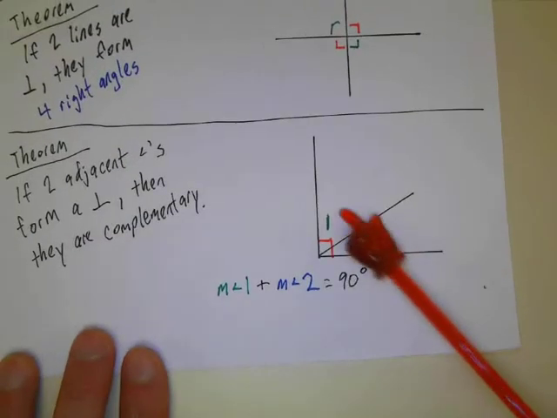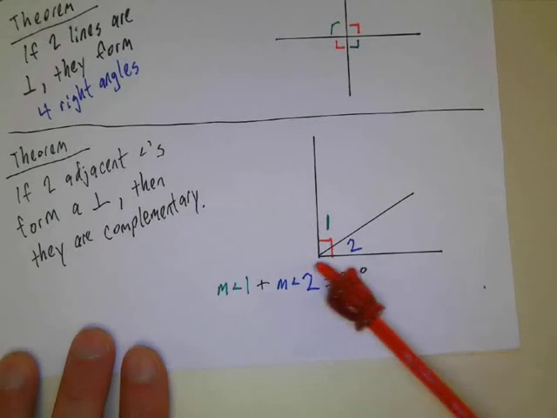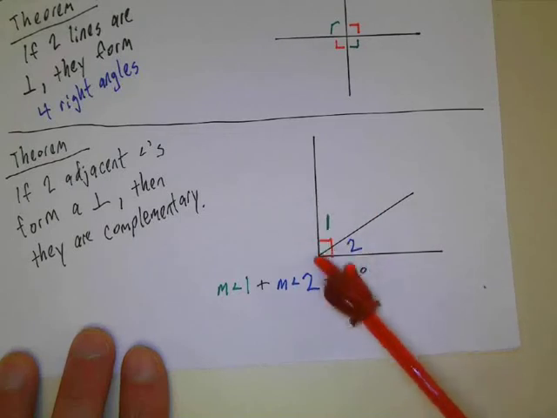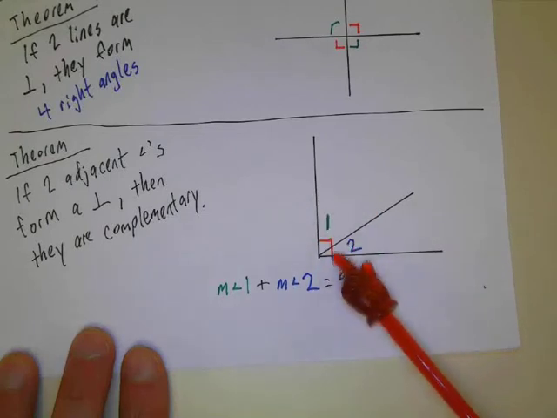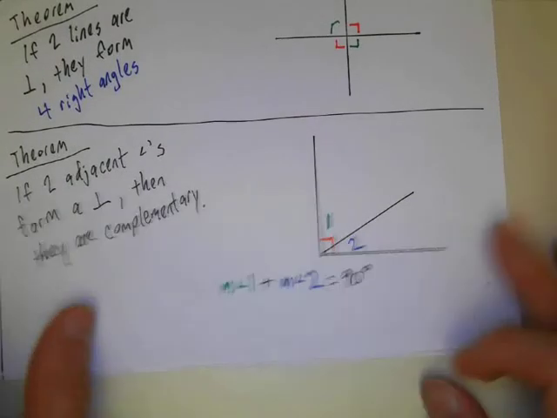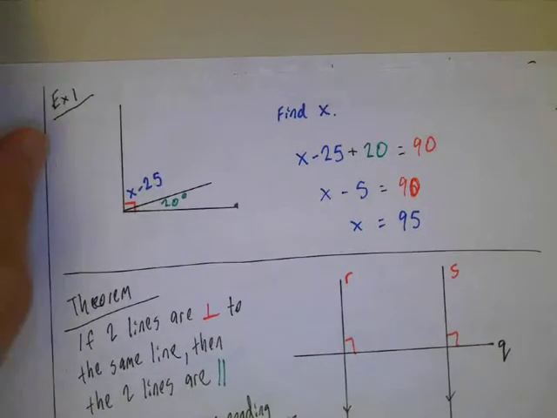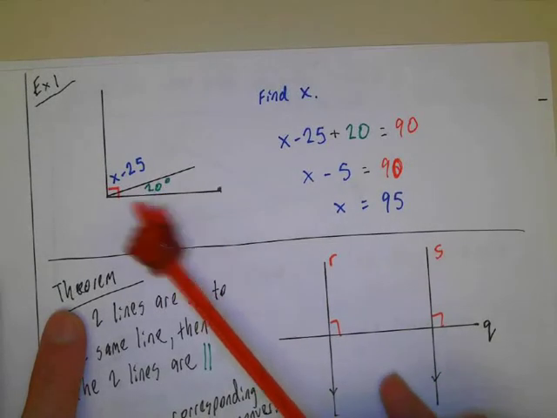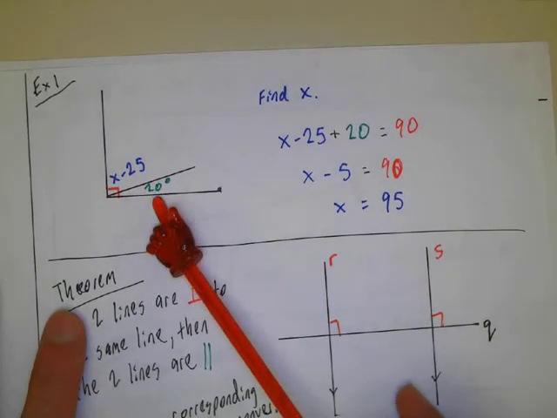If you have two intersecting lines, we had this theorem that said, if you have two angles right next to each other and the two sides of the two angles are perpendicular, then they add up to 90. They're complementary. We did an example, and some students made the mistake of saying from this picture, this blue angle is equal to this green angle, x minus 25 equals 20.